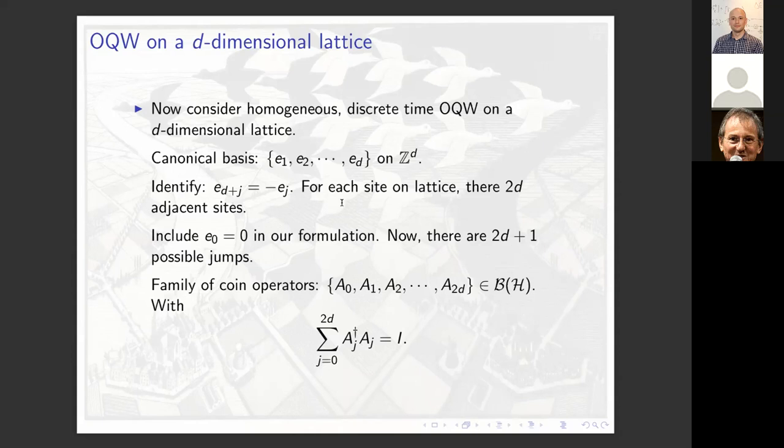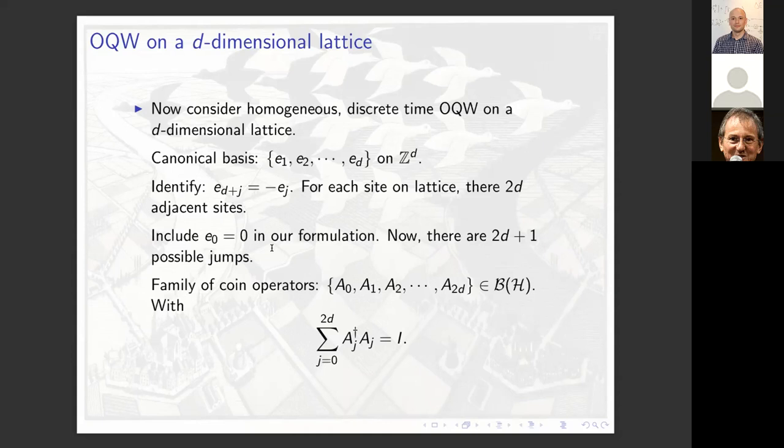So, both in the positive direction, right? And also along the negative direction. And then to encode the idea that our walker is lazy, we also include this little zero vector here. So we just define E0 to be 0. We include that in our formulation.